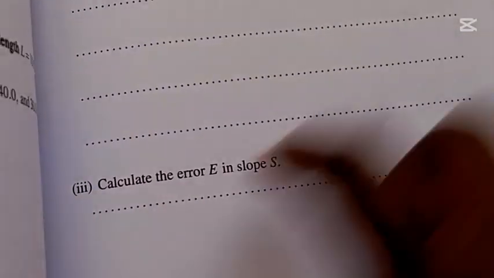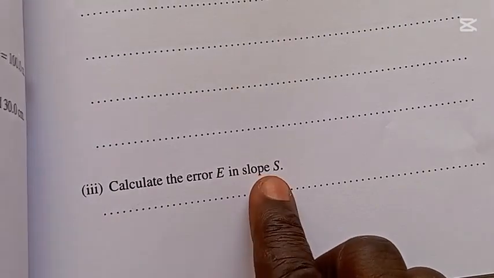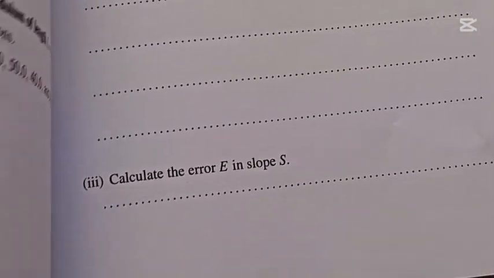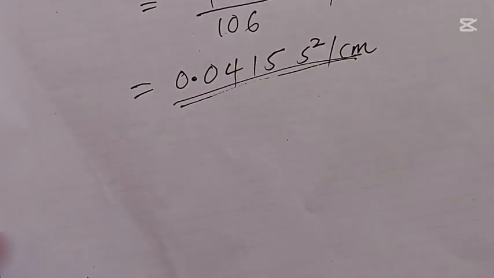Now that we have calculated the slope, let us look at the next problem. It says calculate the area E in slope S. How do we get the area in the slope? We have a formula that we use to get the approximate value of the area in slope. I'm going to show you the formula.